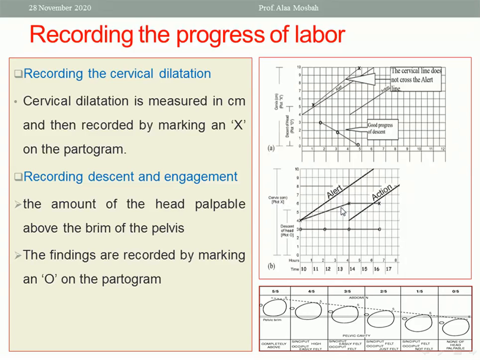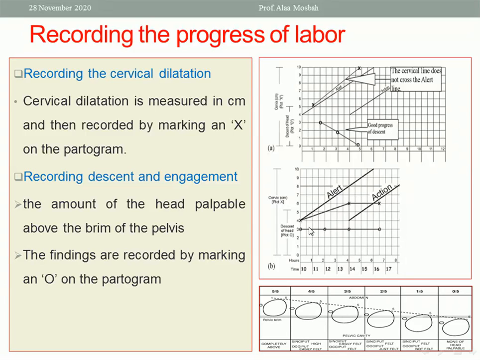So you should intervene at this point between alert and action line by doing amniotomy, by oxytocin infusion to cause strong, efficient uterine contractions, and so on. If there is improvement, the dilatation will pass to the left side of the alert line and reach 10 centimeters. If there is no improvement, like in this case, there is arrest in dilatation here.